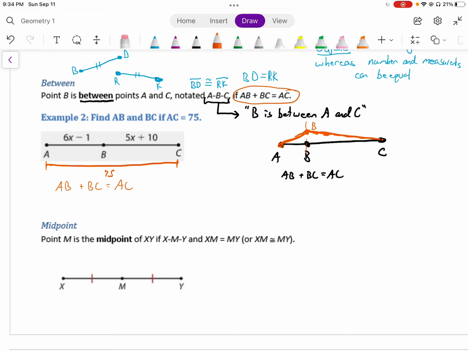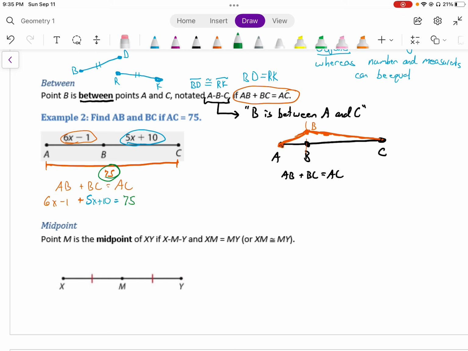Well, what is the length of AB? We see that AB is 6x minus 1 plus BC, which is 5x plus 10, is equal to AC, which is 75.